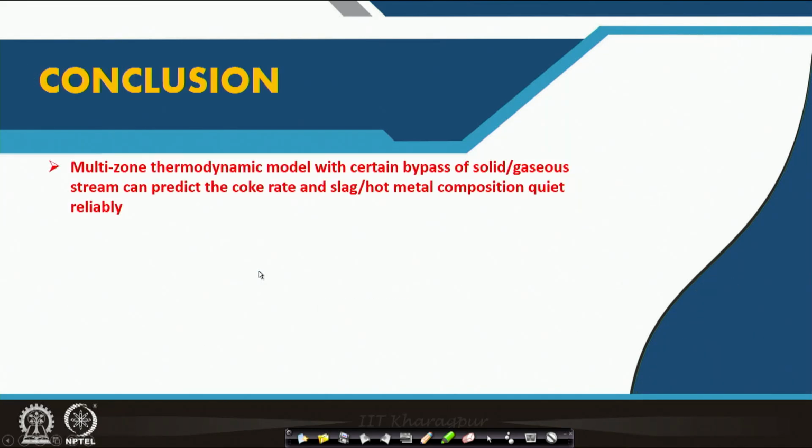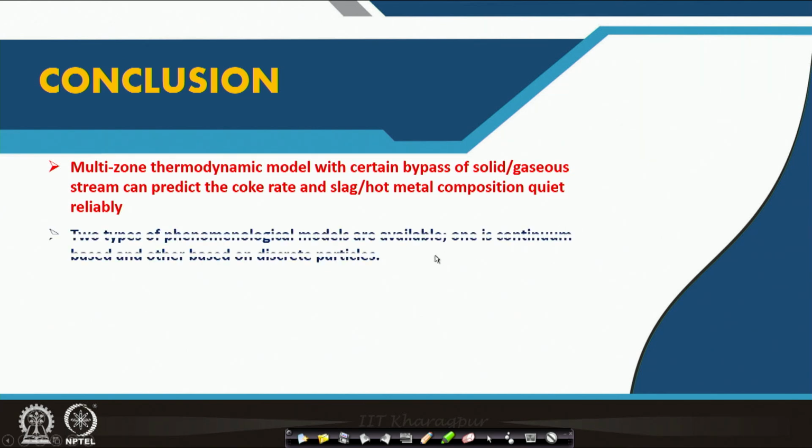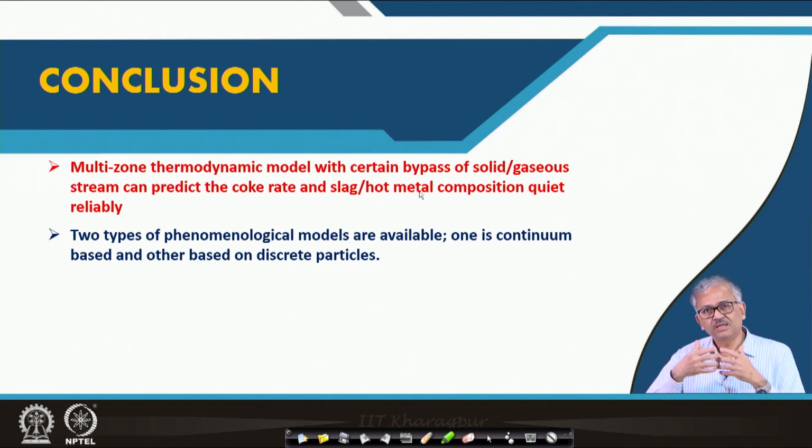And in conclusion, I can say a multi-zone thermodynamic model with certain bypass of solid and gaseous stream can predict the coke rate as well as the slag and hot metal composition quite reliably. By taking some bypass of the gas and solid stream we consider the kinetic effect.